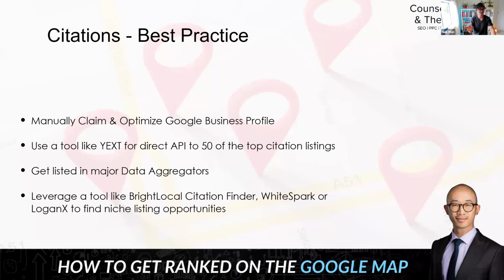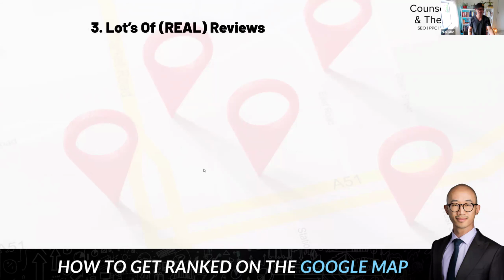For example, they have a direct API that plugs into the top 50 citations and you can update it from their dashboard. The other way is getting listed or changing the data within those aggregators, which can really help as well.